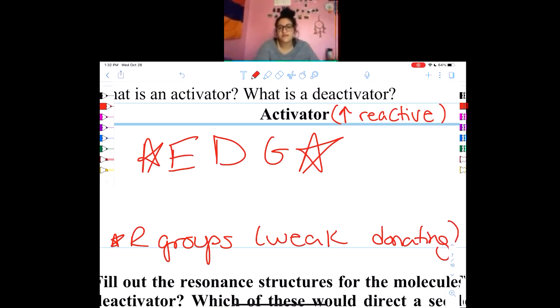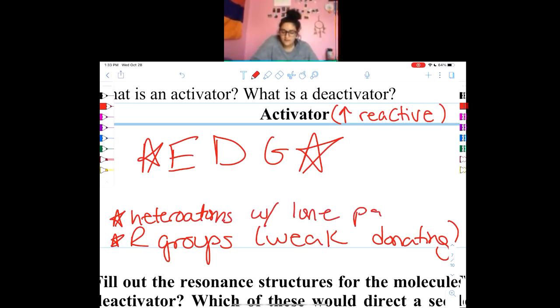Ethers, nitrogens. Cool. So another way we could say that is anything with a heteroatom with lone pairs. And what kind of charges would we want, positive or negative charges? Negative charges. Cool.